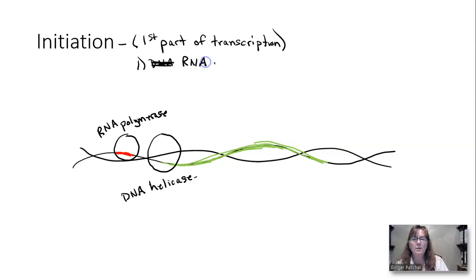So in initiation, part 1 is RNA polymerase binds to the promoter region on the DNA.